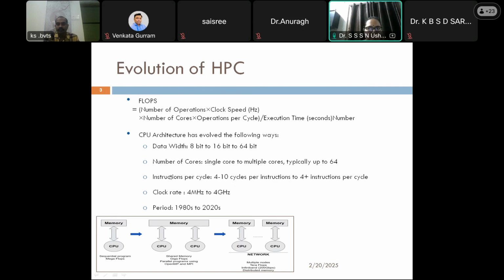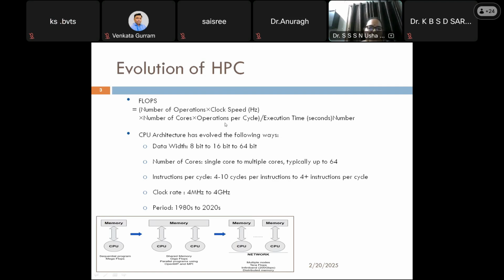The major thing I would like to talk about here is the flops: megaflops, gigaflops, and teraflops. The flops are calculated using this formula: number of operations times clock speed times number of cores times operations per cycle, per execution time.